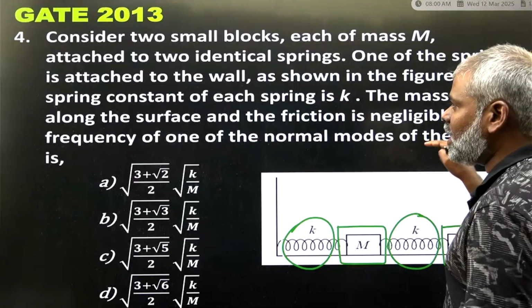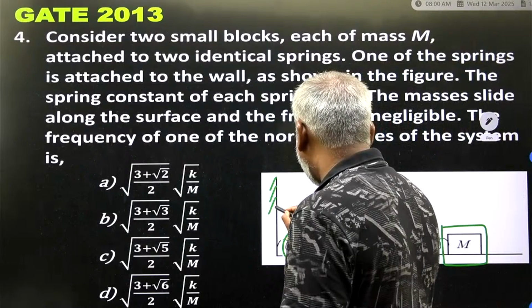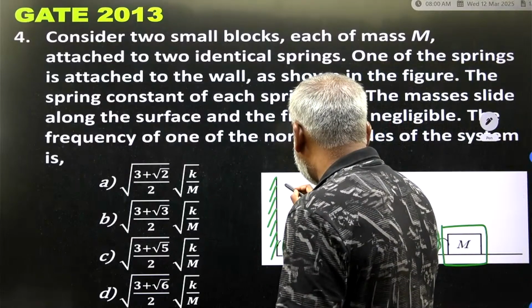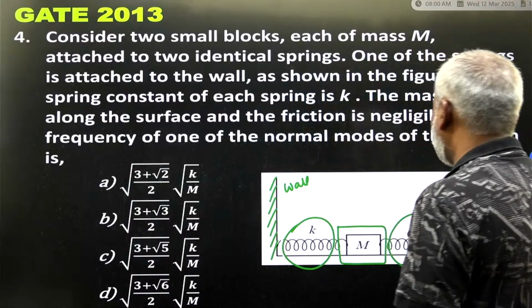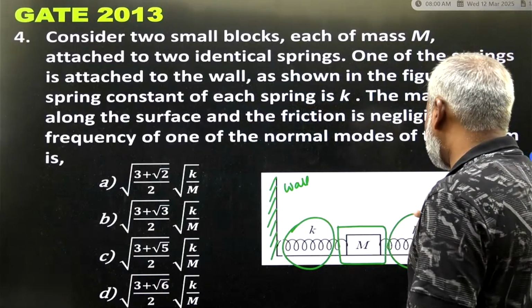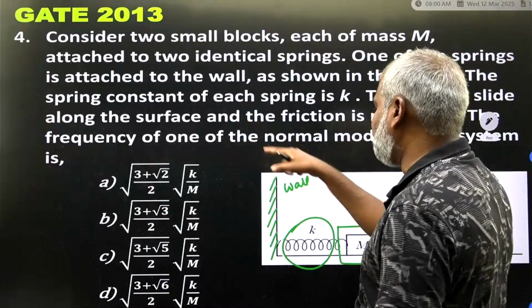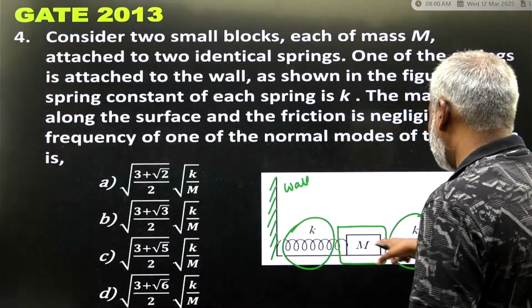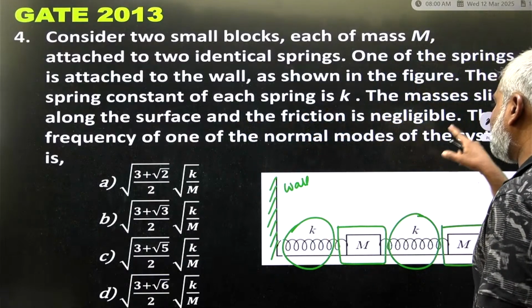One of the springs is attached to the wall, as shown in the figure. This is the wall. The spring constant of each spring is k. The masses slide along the surface, and the friction is negligible.